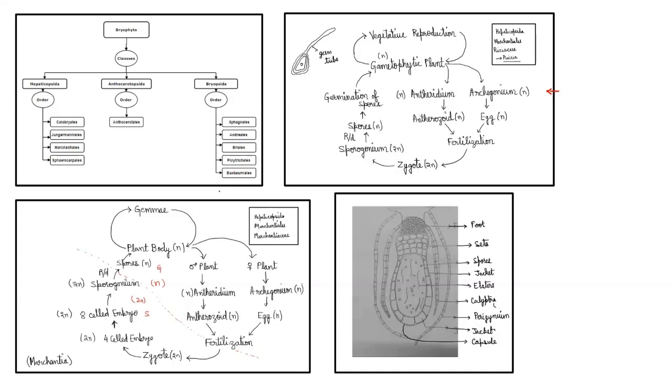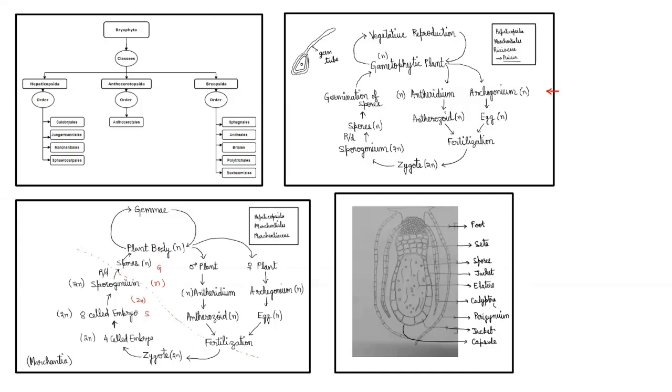Let us talk about Marchantia, which also belongs to the class Hepaticopsida as Riccia. Now, the main plant body is haploid, as is the case in Riccia. This plant body produces specialized gemma cups. Now, these gemma cups contain gemmae, and you should know about the gemmae and the gemma cups. Now, this is the asexual or the vegetative reproduction that takes place in Marchantia. Now, the plant body has a male plant and a female plant.